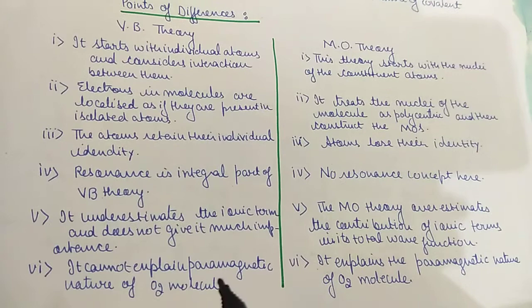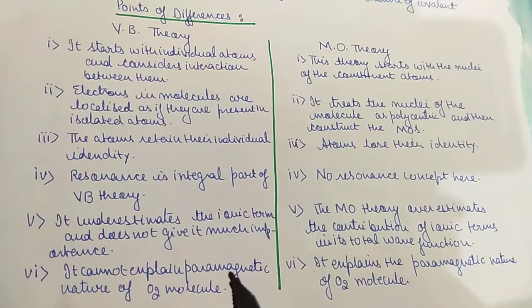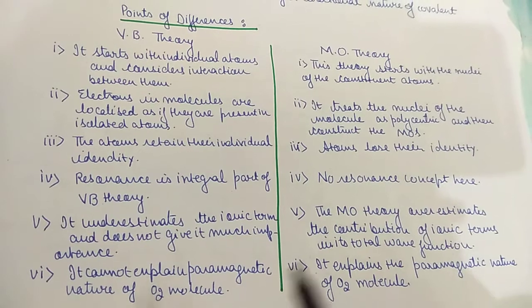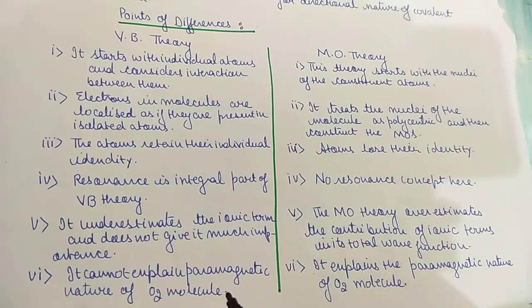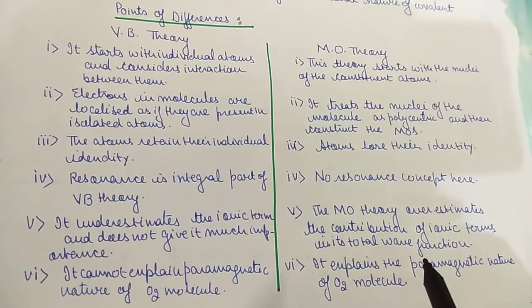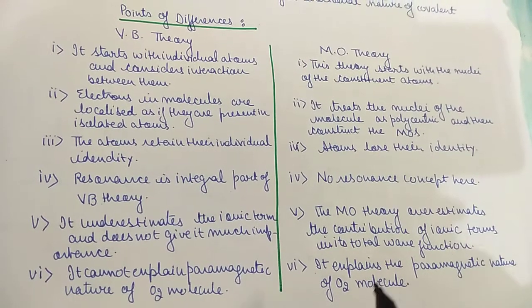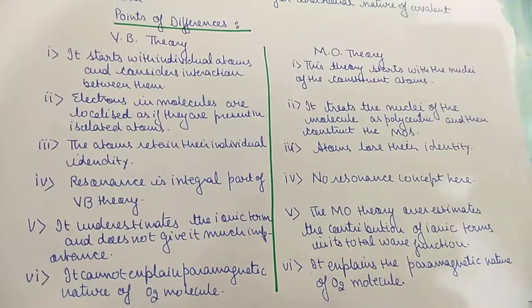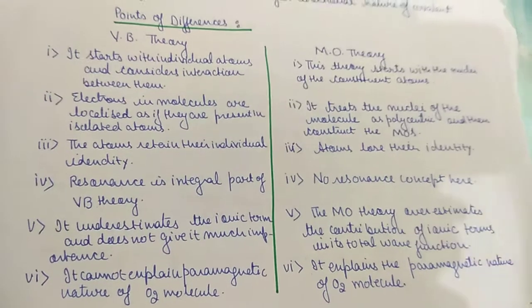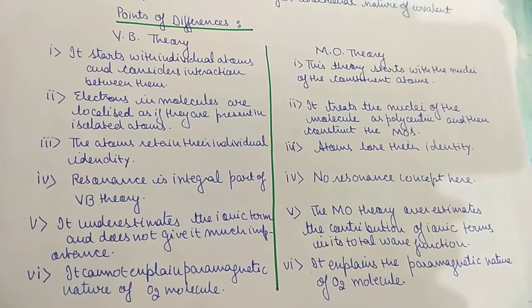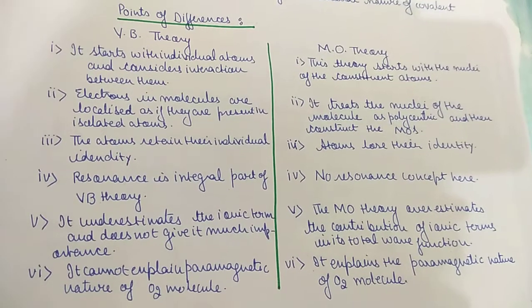Then valence bond theory cannot explain the paramagnetic nature of the oxygen molecule, while molecular orbital theory successfully explains the paramagnetic nature of the oxygen molecule. So these are the points of difference between molecular orbital theory and valence bond theory.